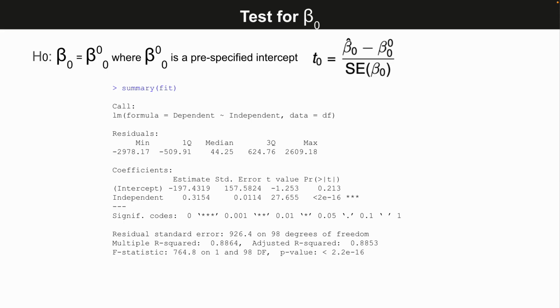The 95% confidence interval of beta 1 is minus 2.5 to 2.5.